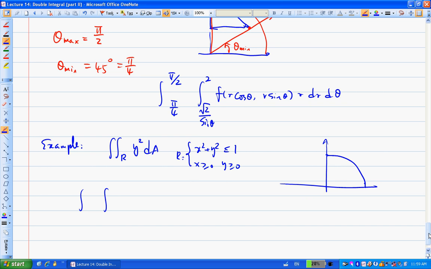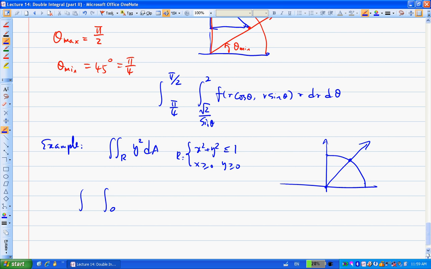It's a quarter circle, and the first step is to figure out the r min and r max. To figure that out, we draw reading lines out of this origin. The first contact between this reading line gives us r min, the second contact gives us r max. So where's the first contact point? Yeah, exactly, 0.